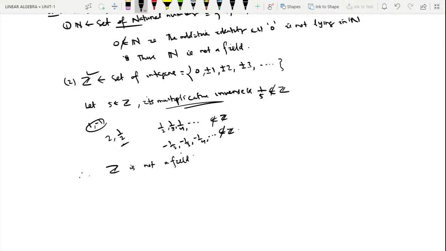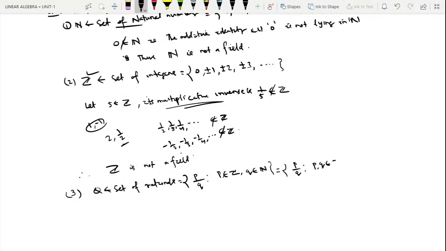Similarly, now the set of rationals. We know the definition of the set of rationals: it is p/q such that p belongs to Z and q belongs to N, or p, q belong to Z with q not equal to 0.